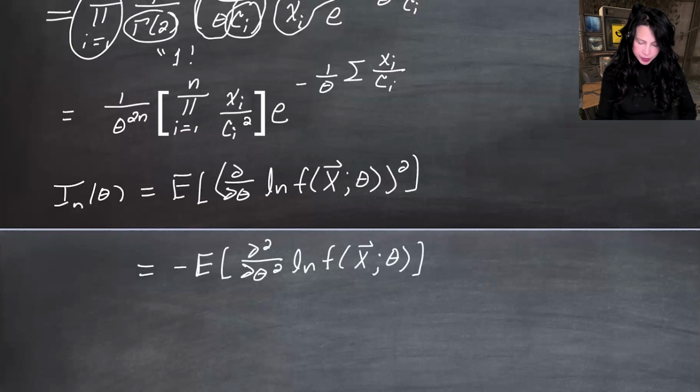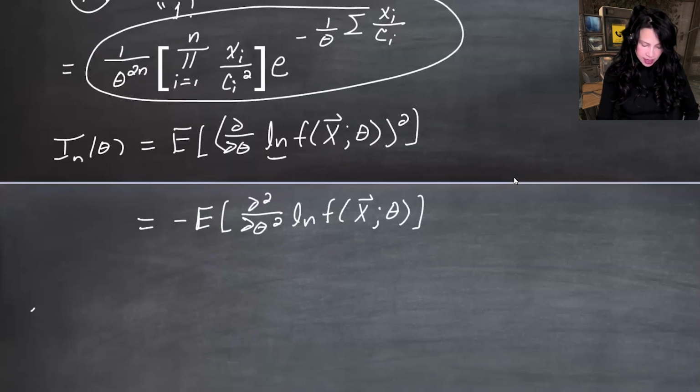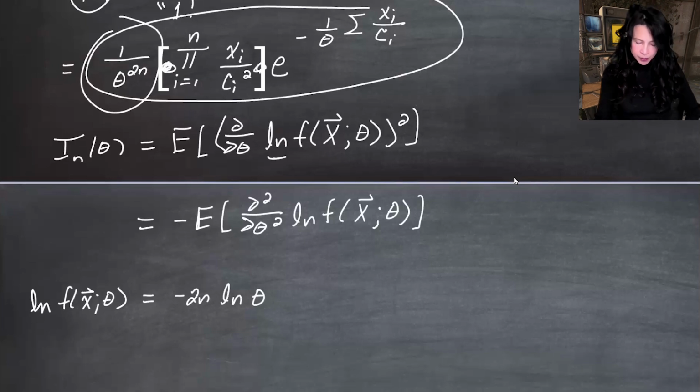So I'm trying to build up either one of these expressions, and here is the joint PDF. So let's go and take the log of the joint PDF. Here I've got a theta to the negative 2n. So this is negative 2n log theta plus, like this product and this product, I'm going to separate into a sum of logs.